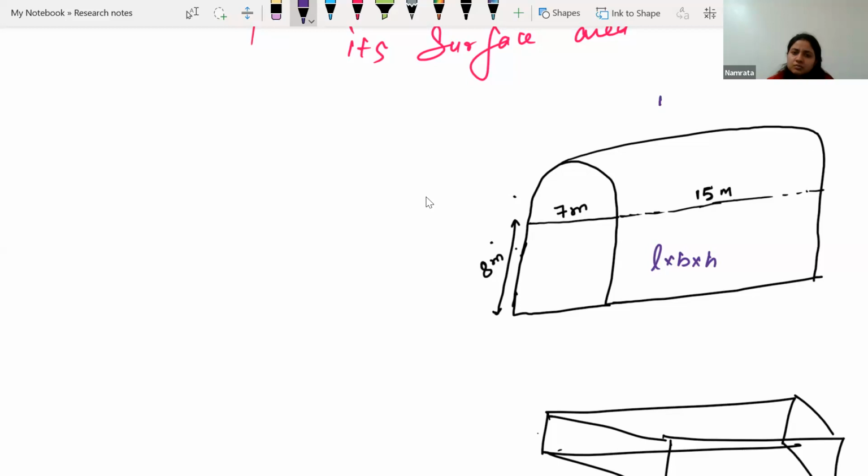No, that is for a cone. 1 by 3 pi r square h is for a cone, not pi r cube. For the cylinder, it is pi r square h.